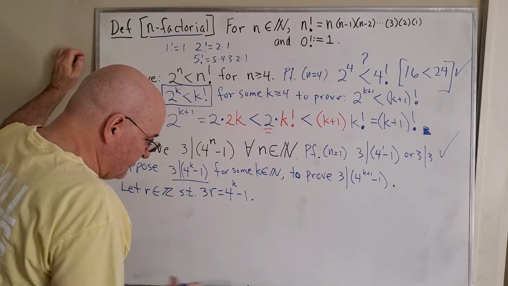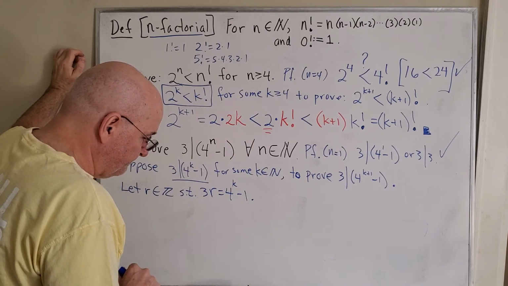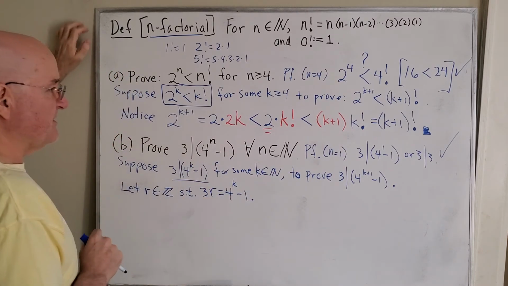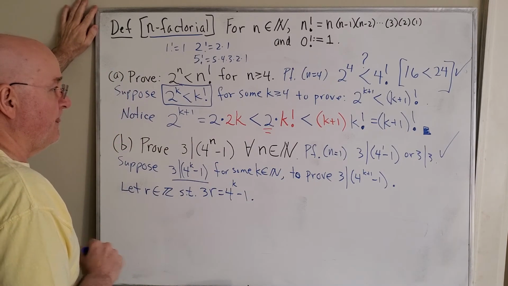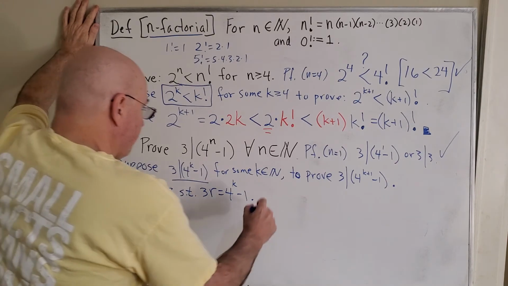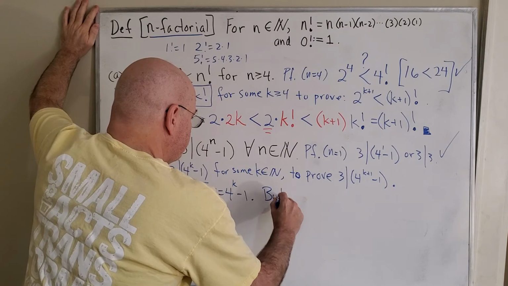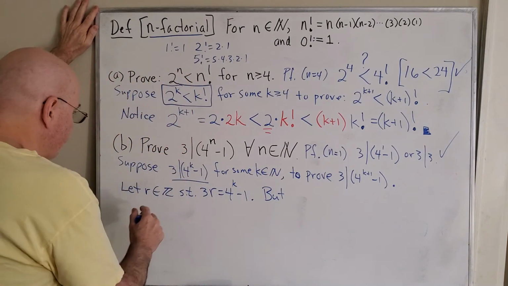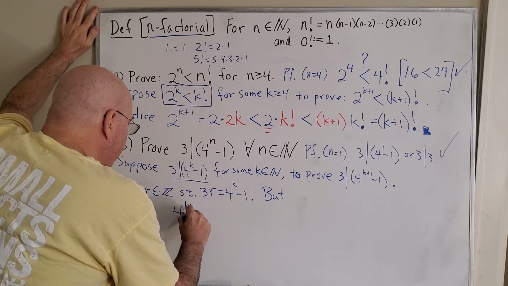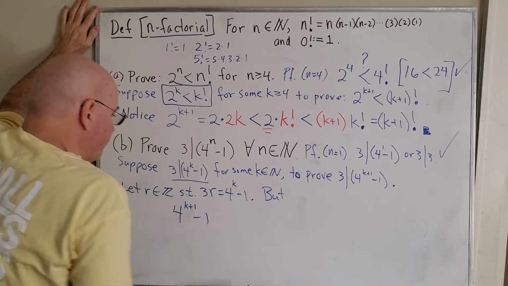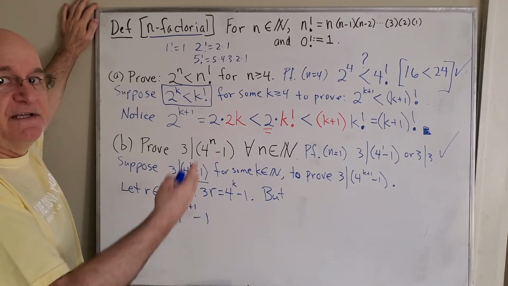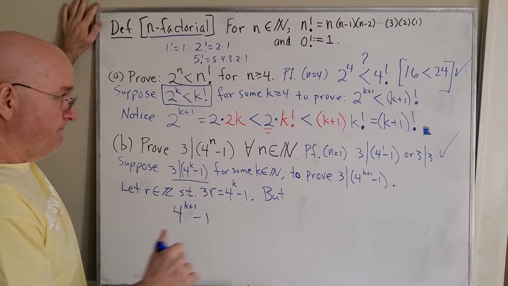So let's see if I can get this done in one line. What is 4 to the k plus 1 minus 1 equal to? Remember, if we can get this equaling 3 times an integer, we're done.